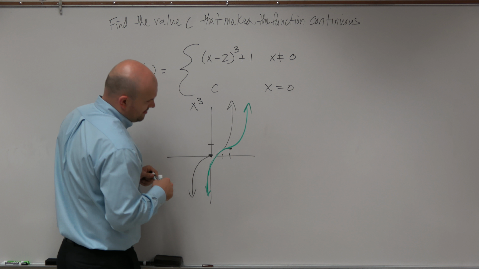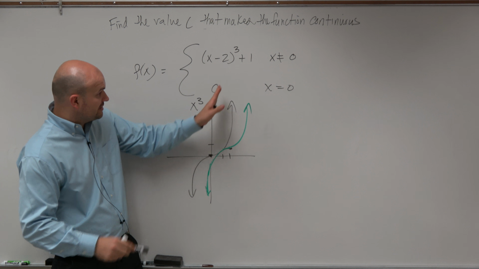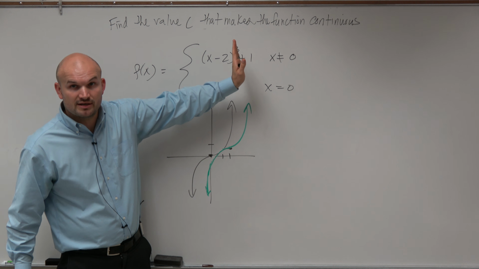I'm doing the best I can. But would you guys agree with how I transferred the x cubed, and then the green is being shifted 2 units right and 1 unit up, right?